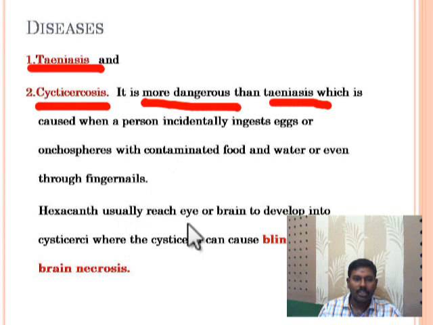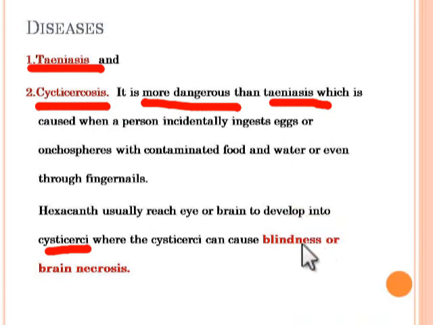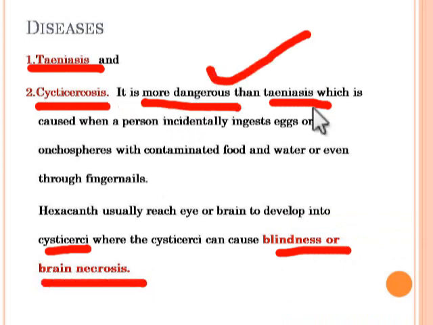This hexacanth usually will reach the eye or brain to develop into cysticerci, that is known as cysticercosis, where this cysticerci will cause blindness and also brain necrosis. So cysticercosis is more dangerous than Taeniasis. Taeniasis will be present in the digestive system, whereas cysticercosis will reach the eye and the brain and cause blindness and brain necrosis. So be aware of this.